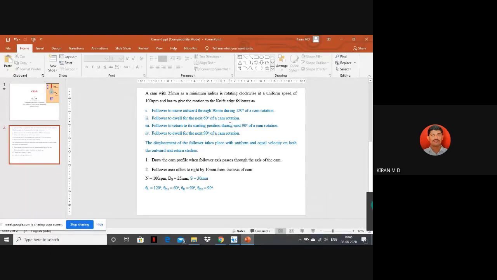A cam with a 25 mm minimum radius is rotating in the clockwise direction at a uniform speed of 100 rpm and has to give motion to the knife edge follower under these four conditions.